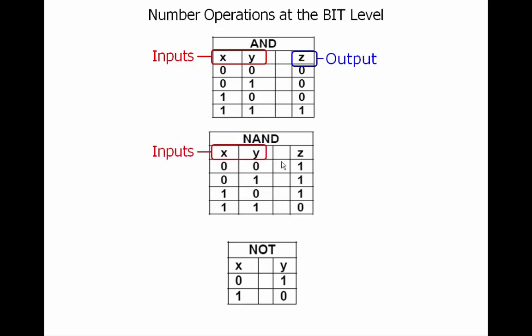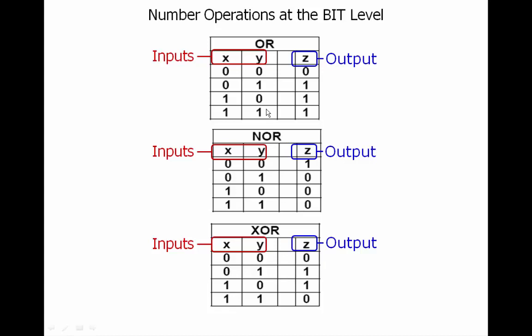The NOT AND operation produces an output that is the negative of the AND operation. In this case, when both inputs are 1, the output is a 0, because that is the inverse of the 1 produced by the AND operation. The NOT operator is very simple. The output is equal to the inverse of the input.